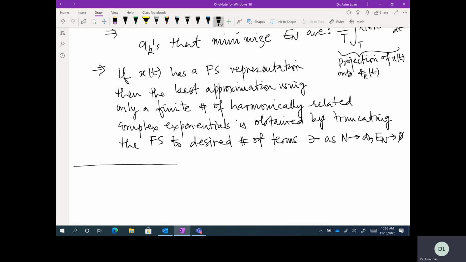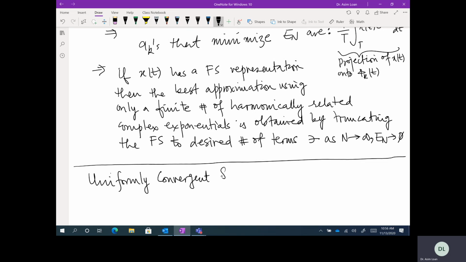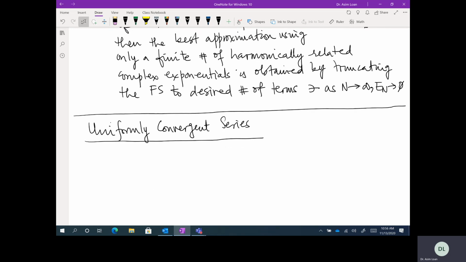So let me define some different convergences. First, uniformly convergent series. So what is a uniformly convergent series? In a uniformly convergent series, there is an arbitrarily small error for all t.